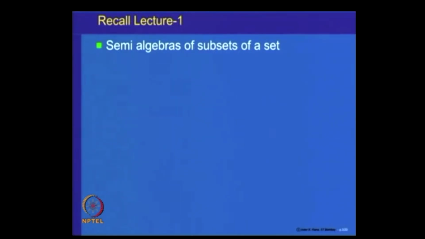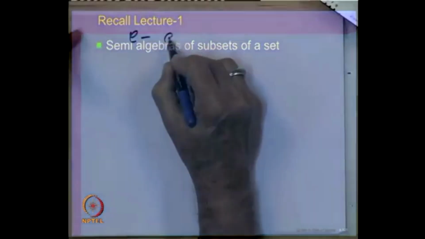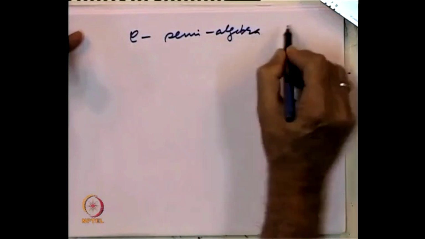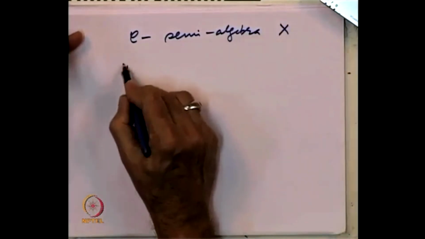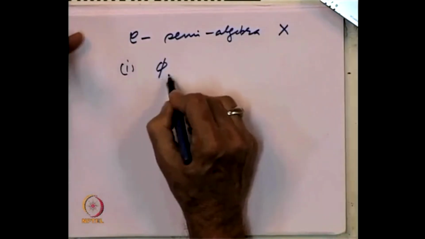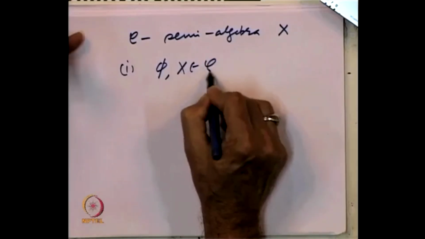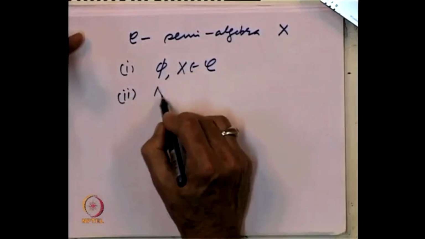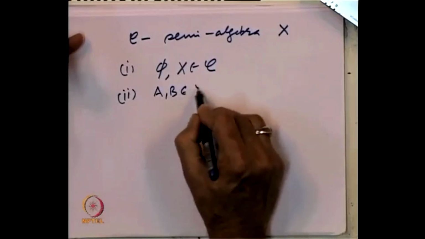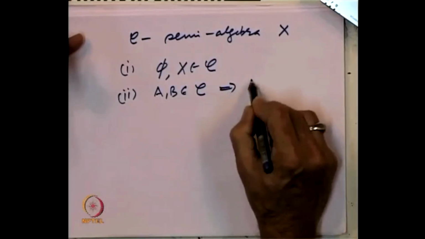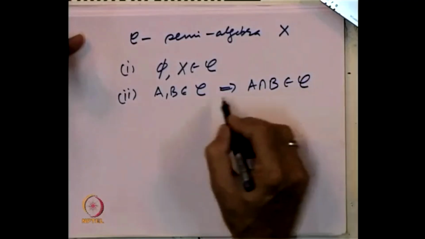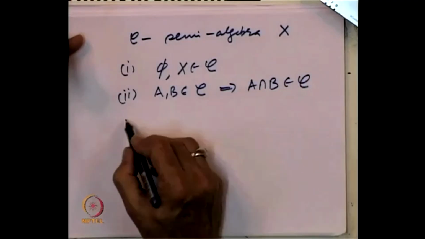A collection C is a semi-algebra of subsets of a set X if it had the following properties: the empty set and the whole space belong to it, and secondly, for A and B belonging to C, the intersection of these two sets is also an element of C, that is, the class C is closed under intersections.